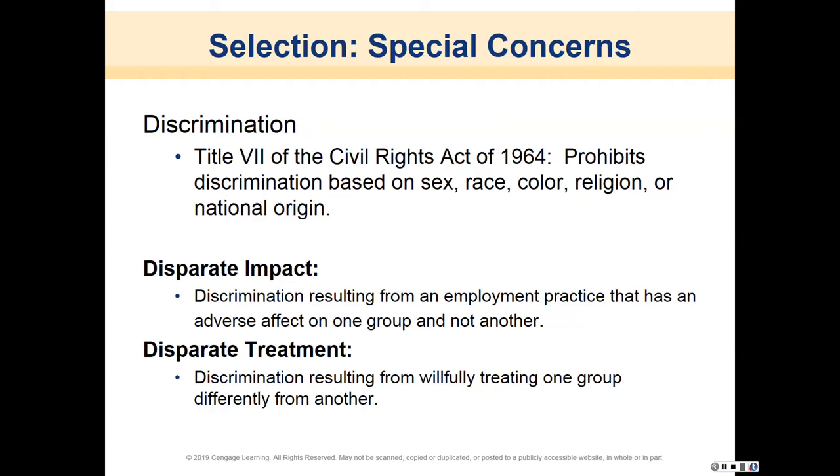Sometimes those assumptions are correct, and sometimes those assumptions are not correct. But we do make those assumptions. Now, what discrimination law says is that we shouldn't allow these things to play a part in making that decision.